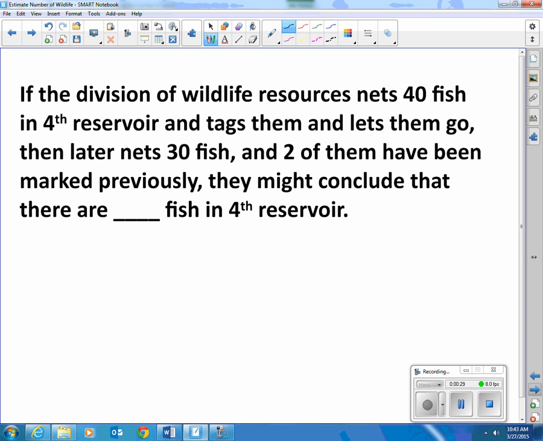Well, would you agree that if we tag 40 fish of the whole lake, that 40 compared to the whole number would be the same as those that are marked out of the 30 that we catch?